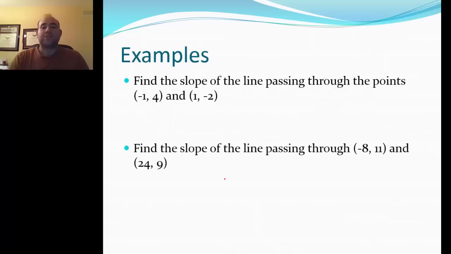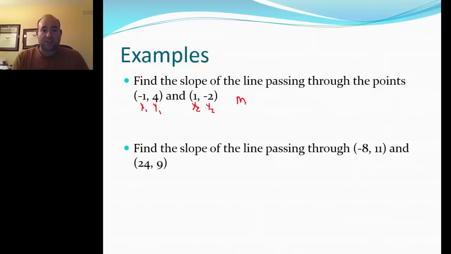Okay? So here's a couple examples. So we'll look at the first one. The slope of the line passing through the points -1, 4 and 1, -2. So I'm going to label the first one just to get us back into it. Sorry, but the x's are looking like y's. That's my pen. x1 is -1, y1 is 4. x2 is +1, y2 is -2.